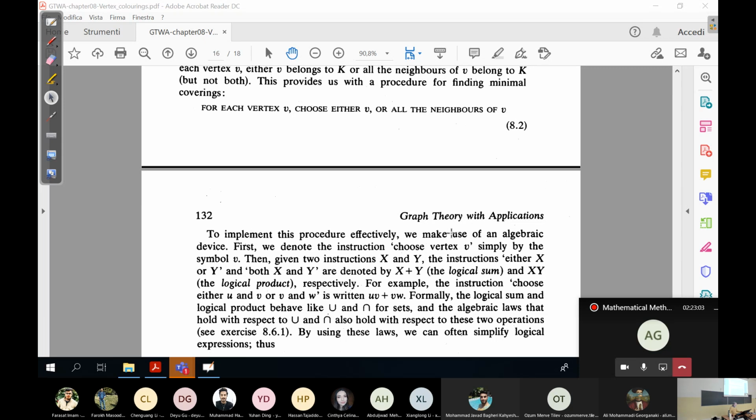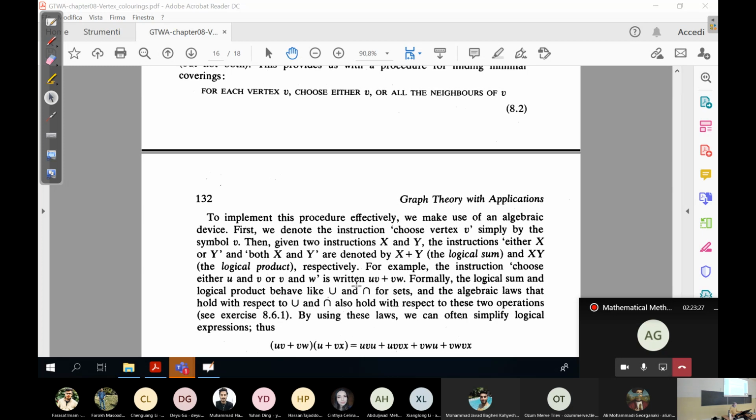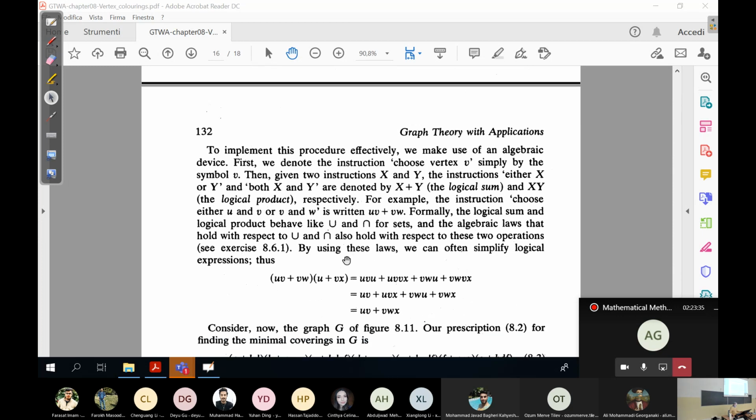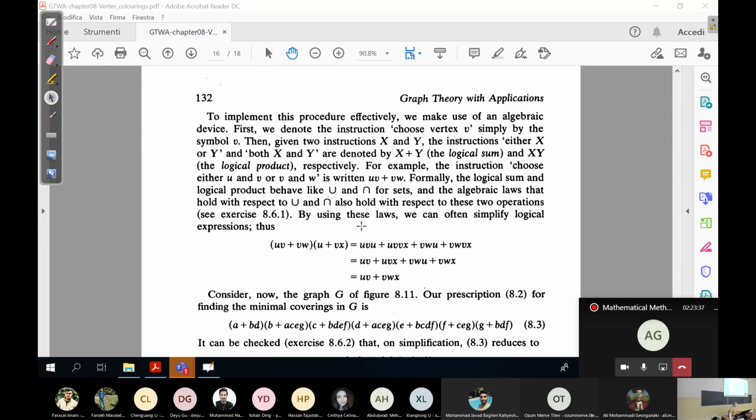Now we can do some computation with the logical sum for the inclusive or, and the product for the and, the connective and. What is important here is that you have two very interesting simplifications of logical expressions.